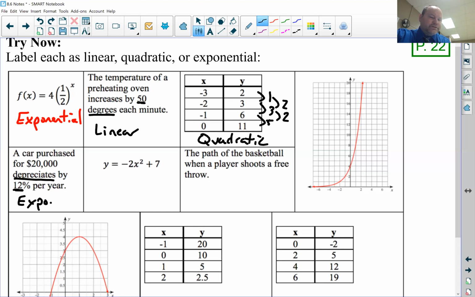Because the first year it goes down 12% of 20,000. The second year it goes down 12% of whatever it was valued at after the first year. So it's a little bit different amount each time. X squared, so quadratic.